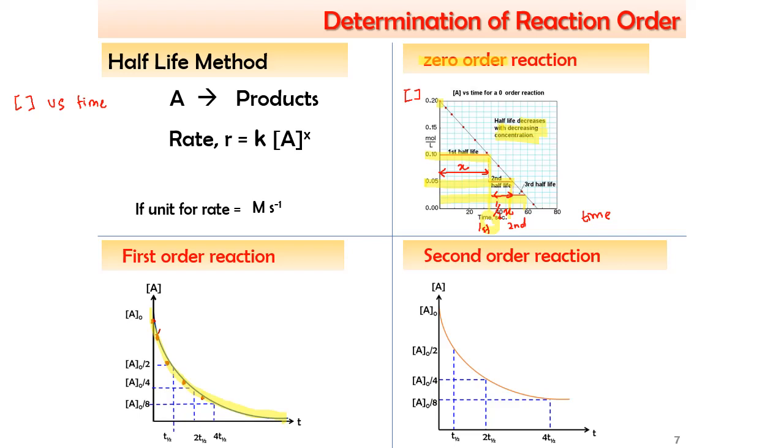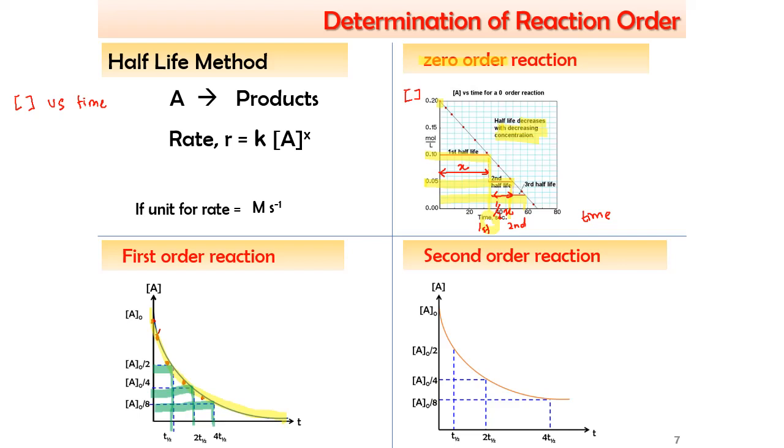And then for the first half-life, half from the initial concentration, you will get here the first half-life, and then the second half-life, and then the third half-life. So you can see the trend here.